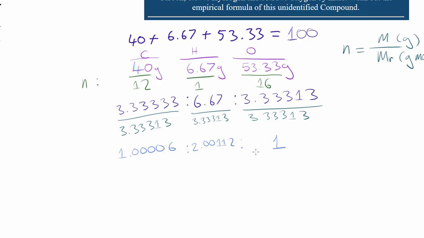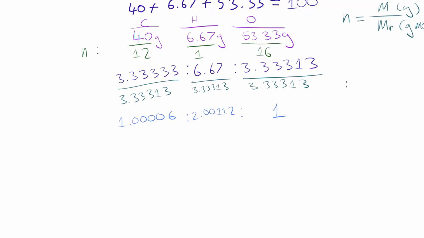Now, have we made any progress since running that last calculation? Are our values closer to a simple whole number ratio? Well, in this case, the answer is yes. We are much closer to having a simple whole number ratio. In fact, this number to 2 decimal places is an integer, this number to 2 decimal places is an integer, and of course this is an integer already.